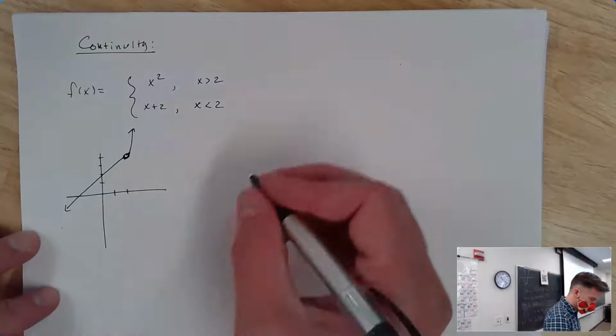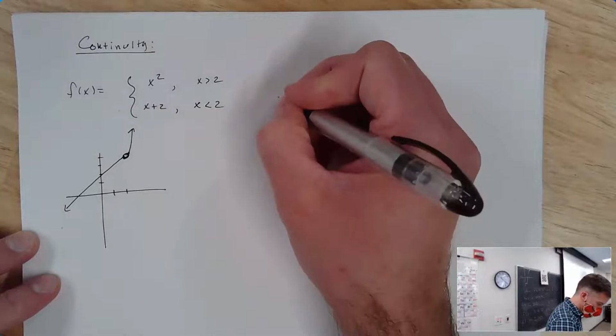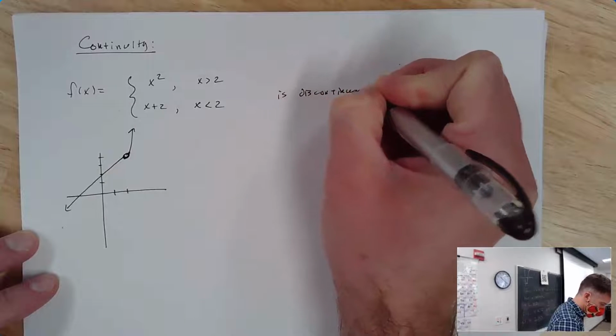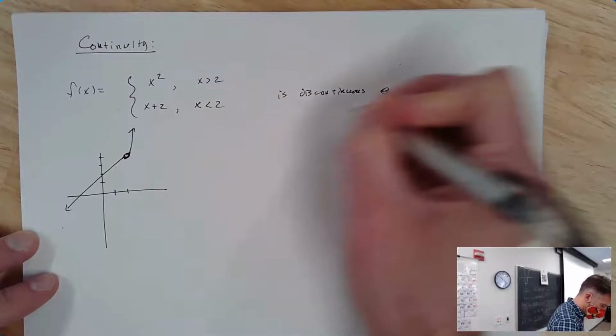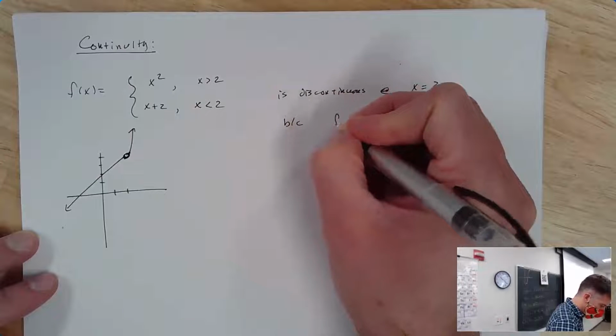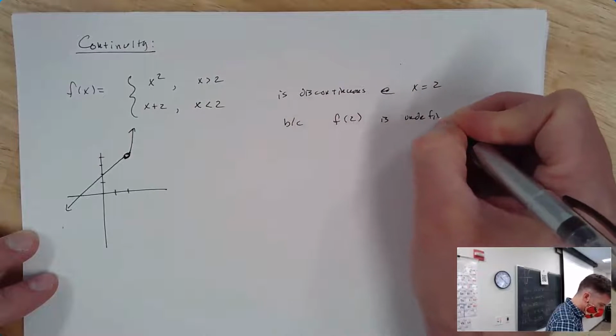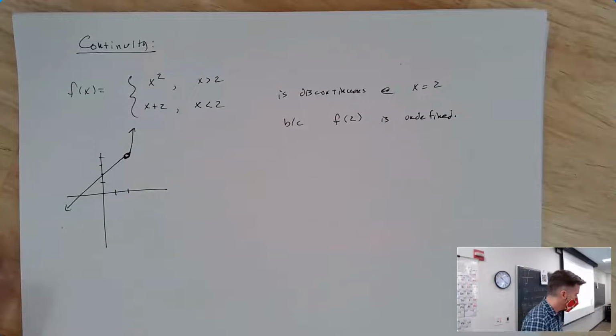So this function is discontinuous at 2, because f of 2 doesn't exist. So first and foremost, for a function to be continuous at a point, it needs to be defined at that point.